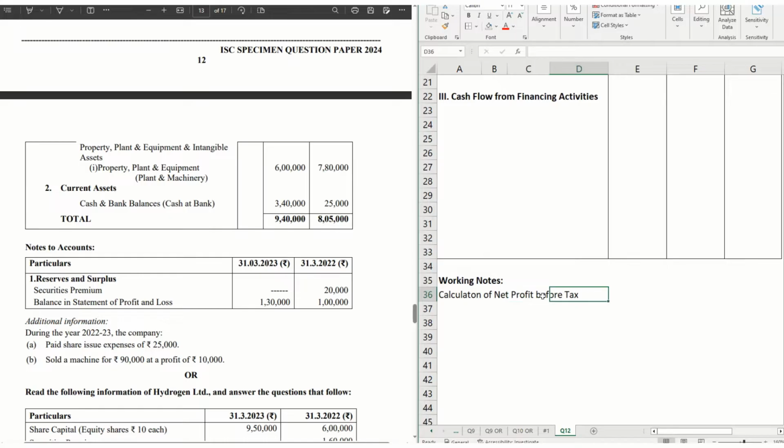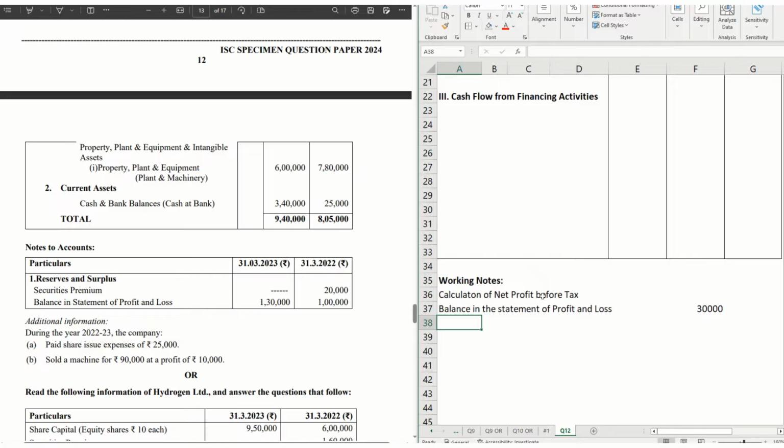Okay, the first item that we have is balance in the statement of profit and loss, which is straightforward 1,30,000 minus 1 lakh. So 30,000 is my net profit.